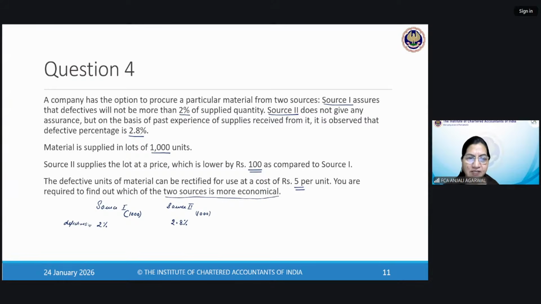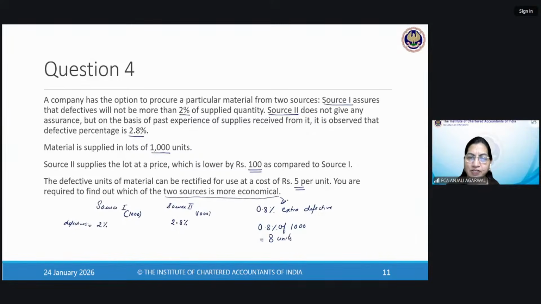A simple way is, source 2 is giving you 0.8% extra defective, right? 0.8% of 1,000 means 8 units defective, extra defective.